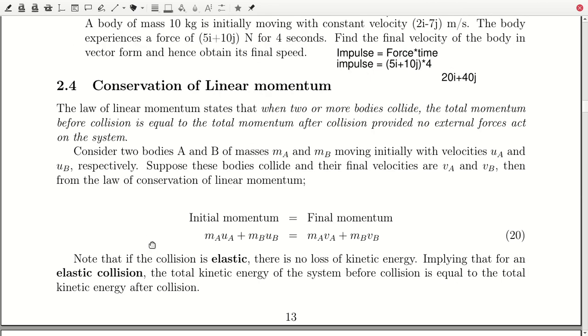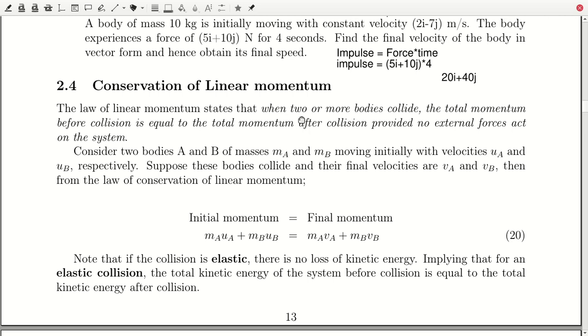So finally we look at impact collisions, and with these collisions we shall take into account the law of conservation of linear momentum, which states that when two or more bodies collide, the total momentum before collision is equal to the total momentum after collision, provided no external forces act on this.